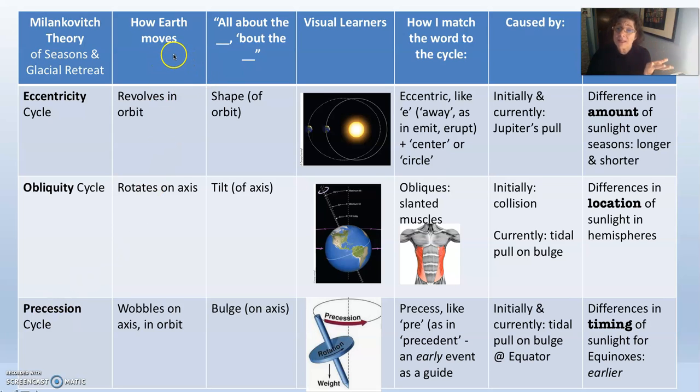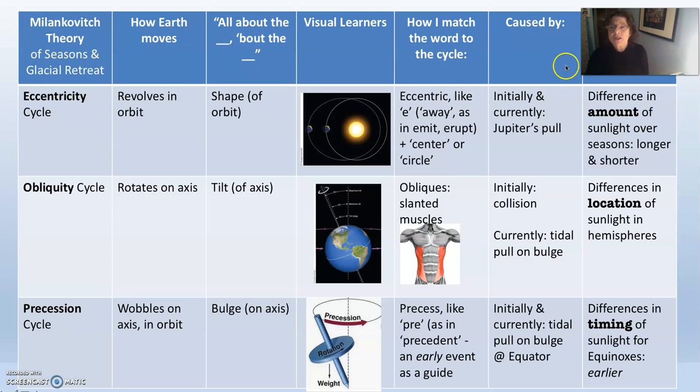What I want to explain to you is that the Earth moves in three different ways. We'll go over that. I usually use songs to remember things, so I think like All About That Base: all about the shape, all about the tilt, all about the bulge. You can sing it yourself. If you're a visual learner, you might want to remember these visual cues.